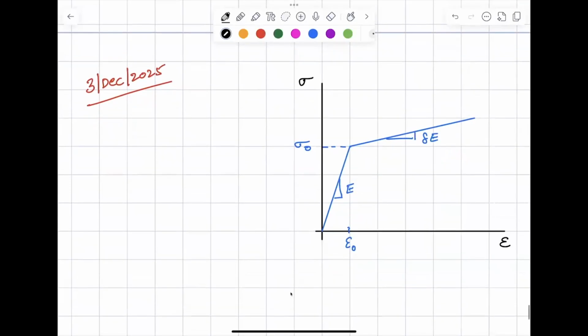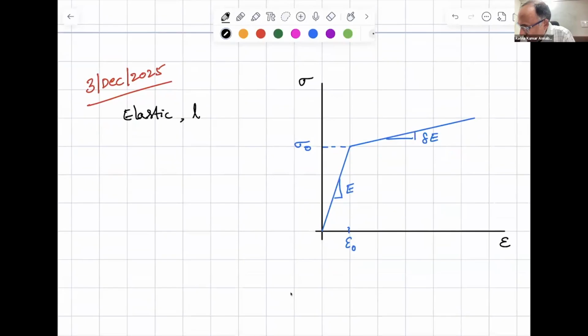Okay, so yesterday we were looking at this elastic linear hardening model, right? Now, if you look at this, let us say you are talking about a stress at this point, the equation of line OAB.